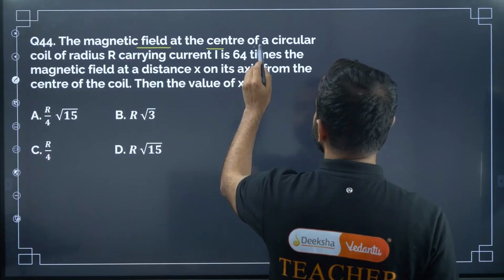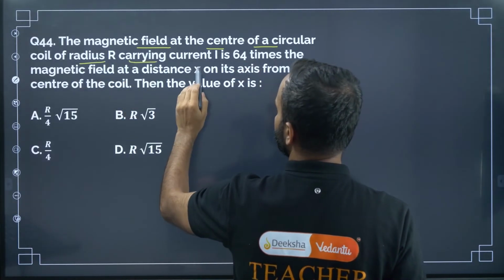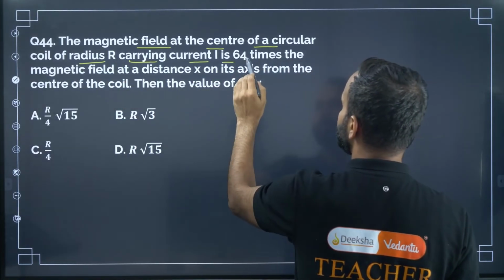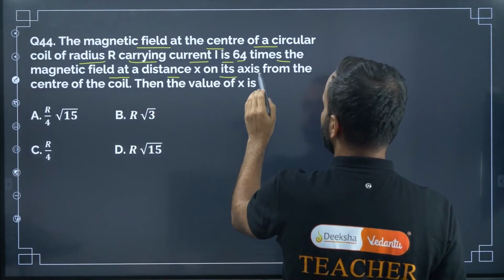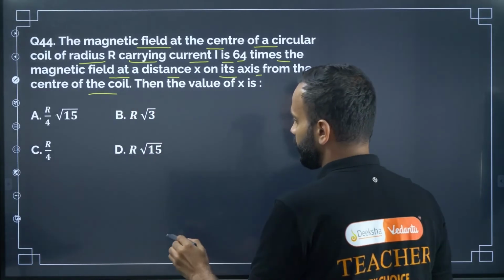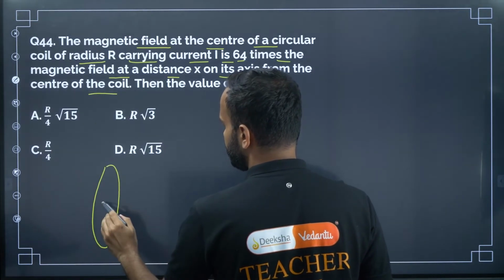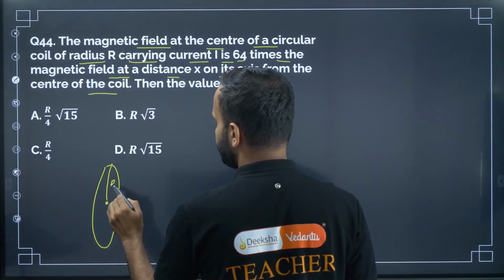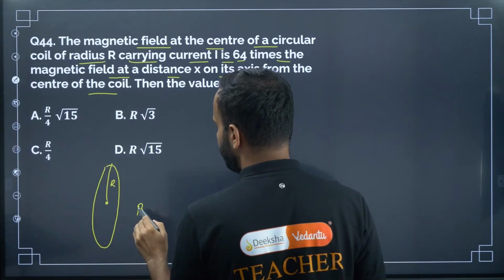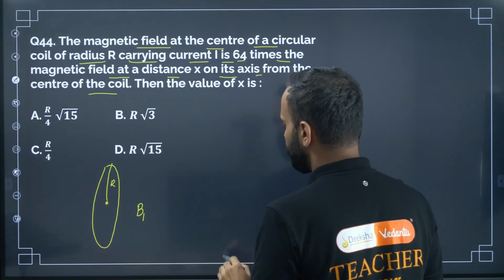Question number 44. The magnetic field at the center of the circular coil of radius r carrying current I is 64 times the magnetic field at the distance x on its axis from the center of the coil. Here, this is the coil. Okay, radius is r. So at its center, the magnetic field is B1.